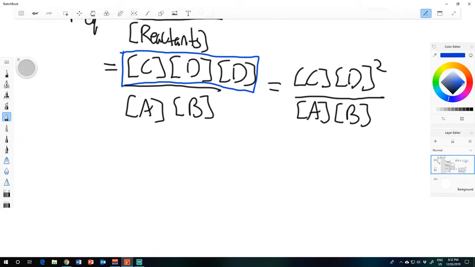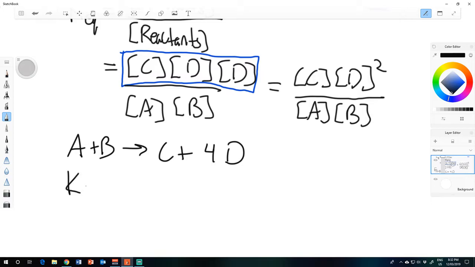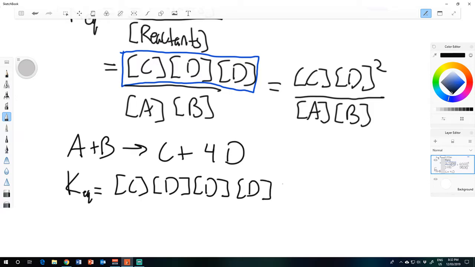So if I had a reaction where I had A plus B creating something like C plus 4D, I think either one of your test questions or one of your assignment questions had something like this. Well, the KEQ equation just ends up being concentration of C times concentration of D times concentration of D times concentration of D, like this.